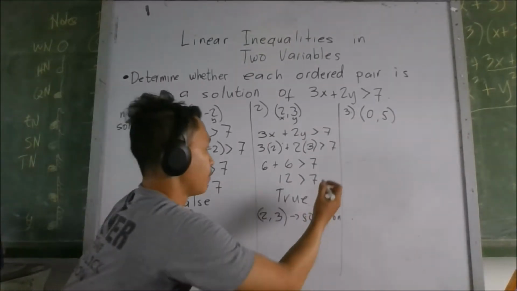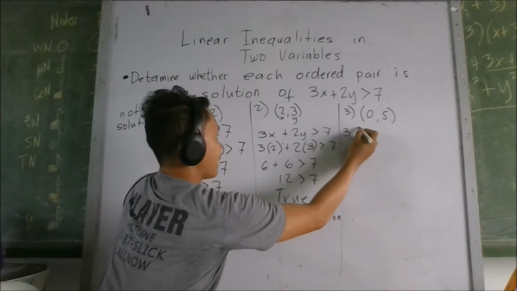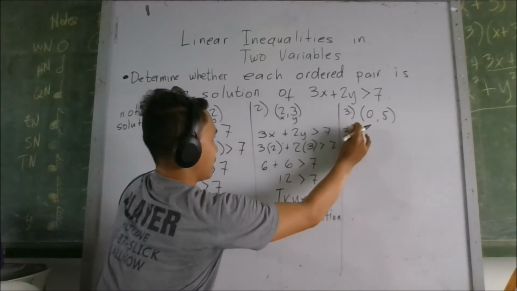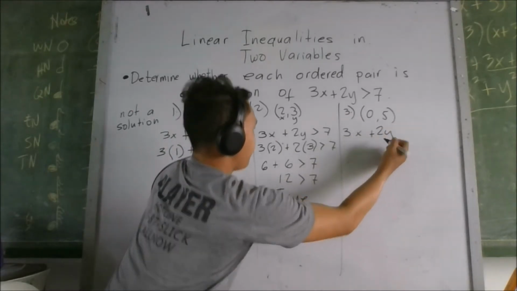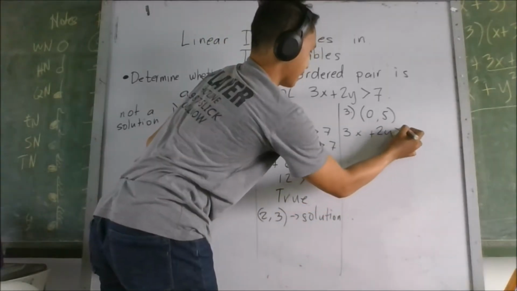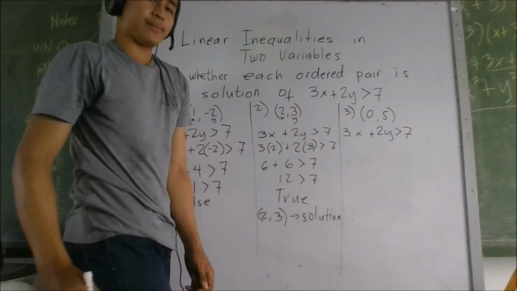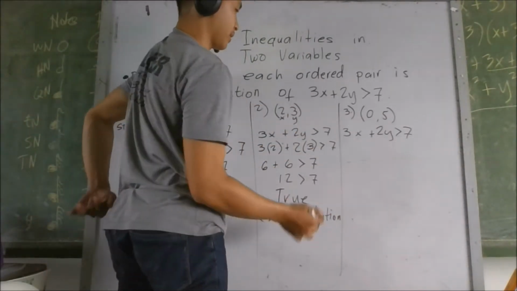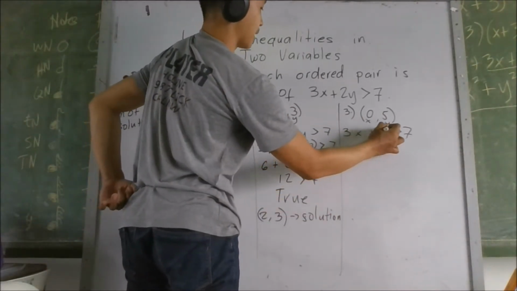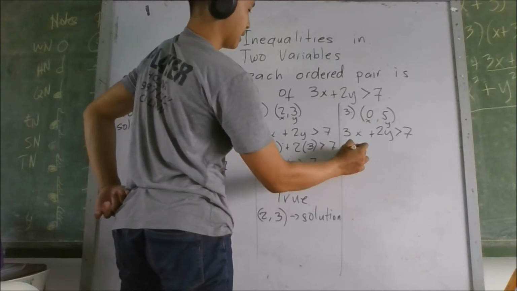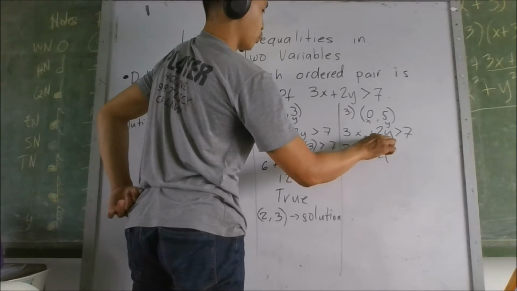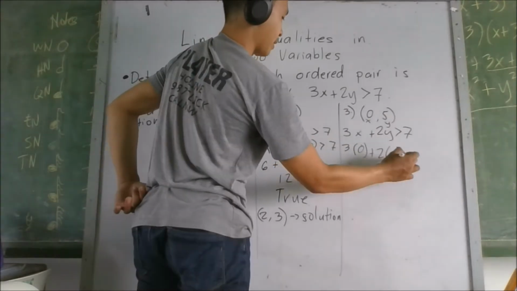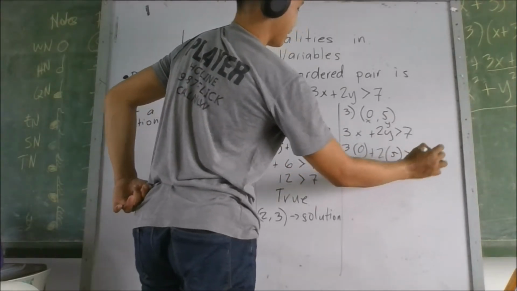Let's try the last one. Let me write the given first. So 3x plus 2y is greater than 7. Well, in this case, again, same process. This is x, this is y. Substitute 3 times x na 0 plus 2 times y na 5, greater than 7.